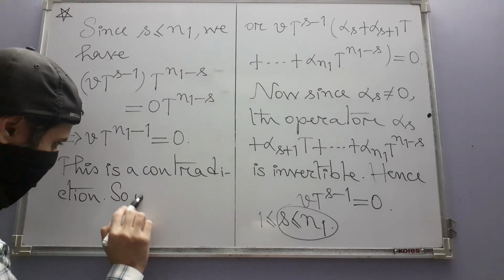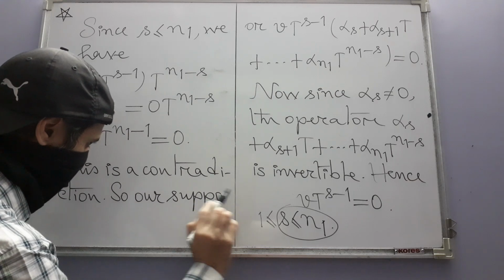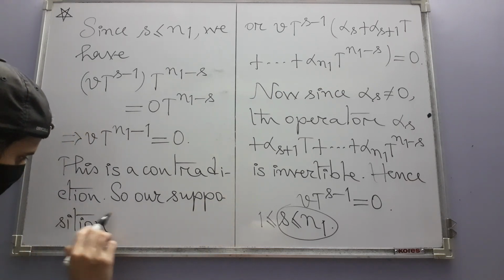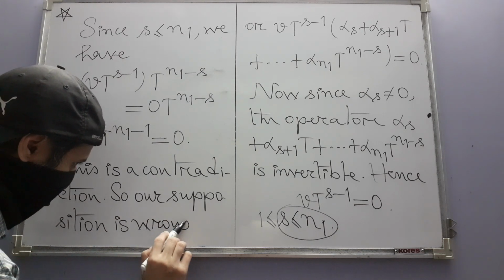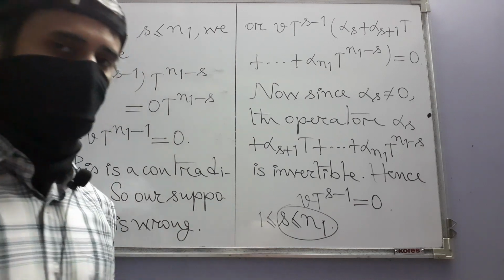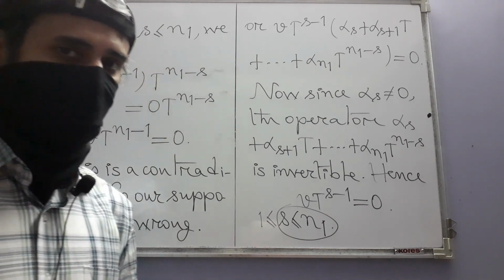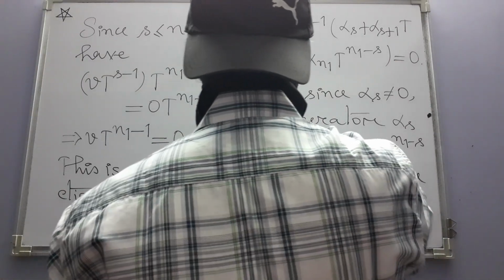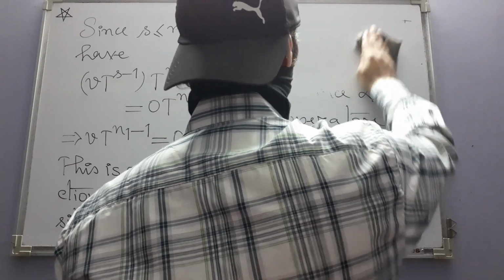So our supposition is wrong. Which means what? What was our supposition? That all the alphas are not 0, which thus has to be wrong. That means all the alphas actually are 0. And that actually proves our claim.